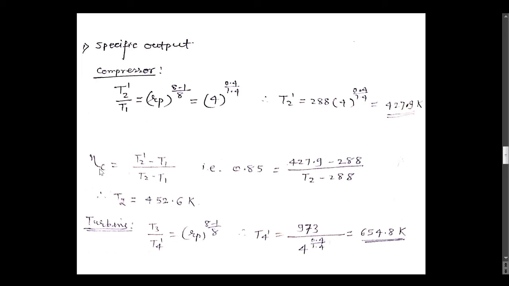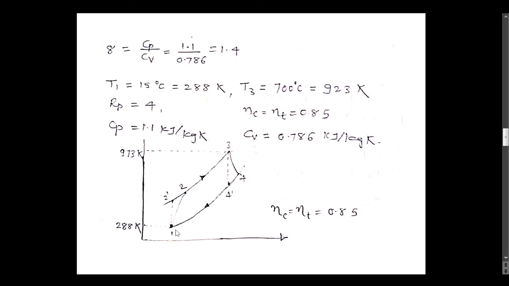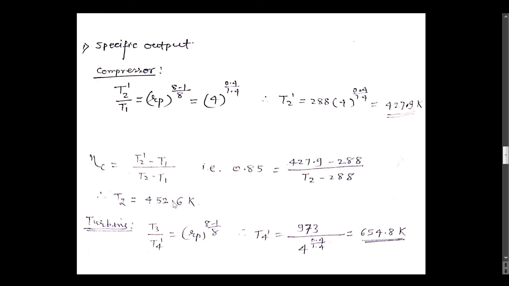Then the isentropic efficiency of the compressor is the isentropic temperature rise to the actual temperature rise.